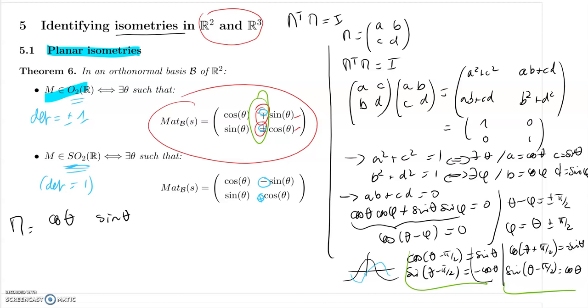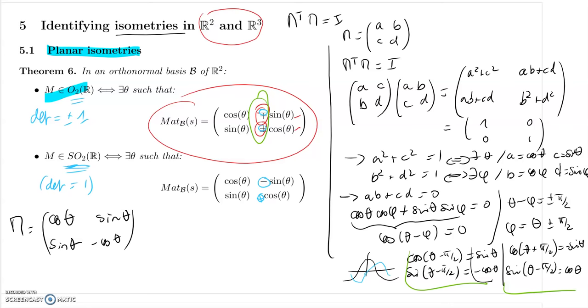And then C would be the sine of theta, and D would be the sine of phi. In the case of theta minus pi over 2, that's minus cosine theta. Okay, and that's one possibility.